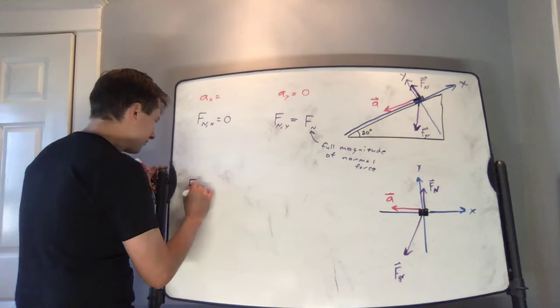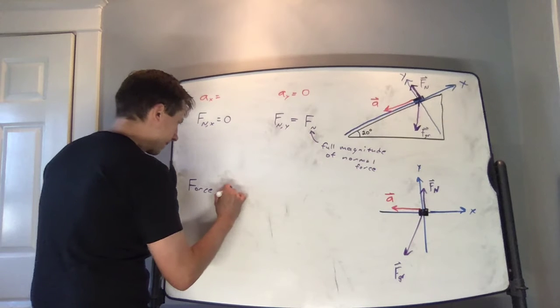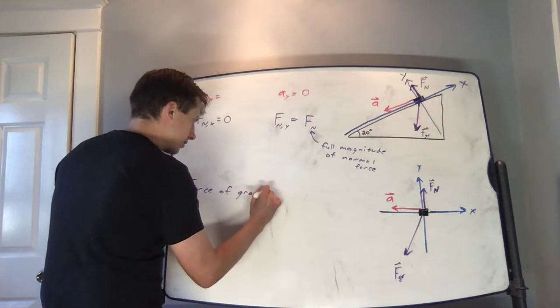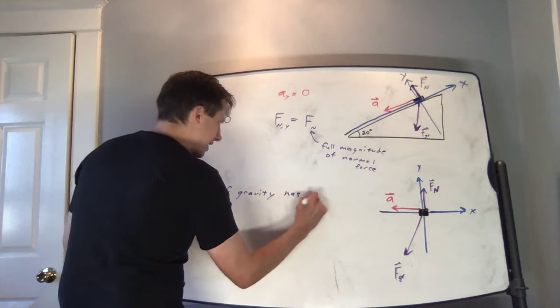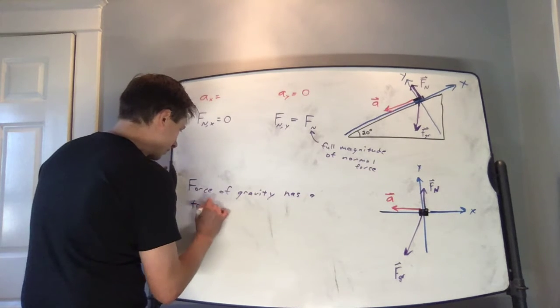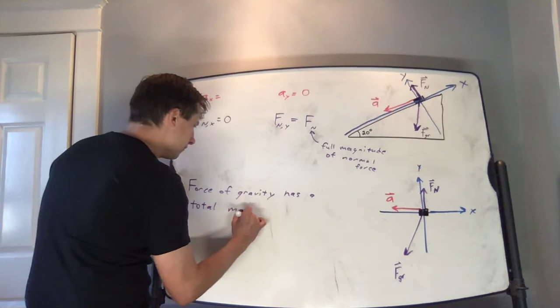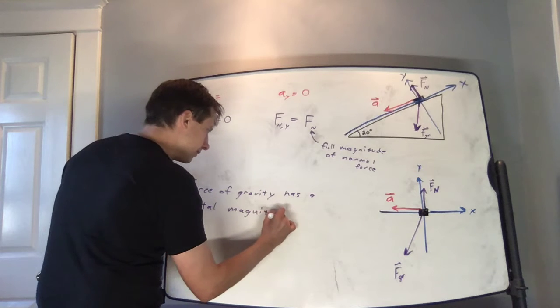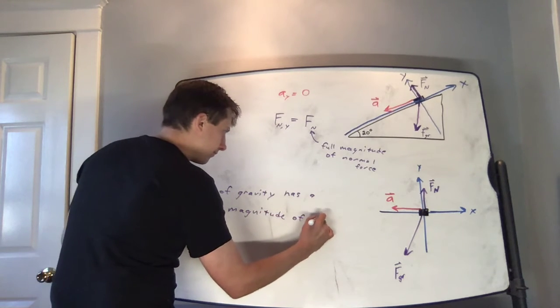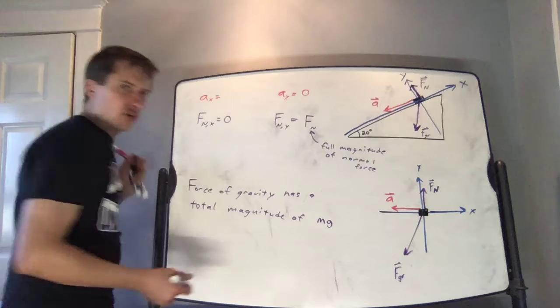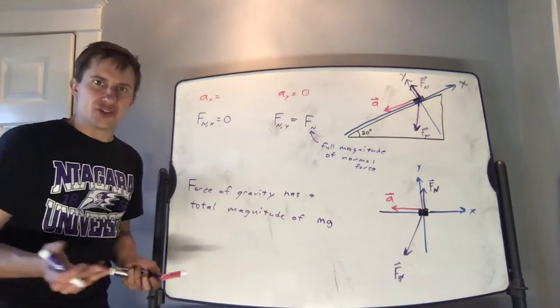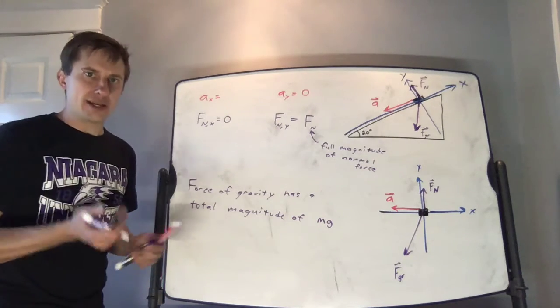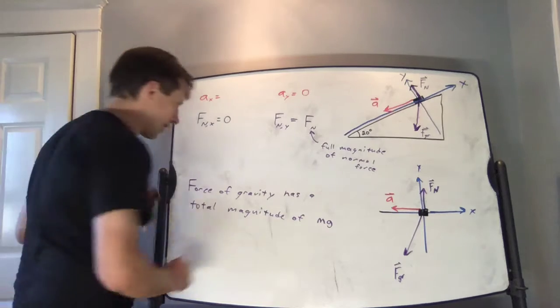The force of gravity has a total magnitude of mg. So in this case, the mass is 2 kilograms, g is 9.8, the acceleration due to gravity.